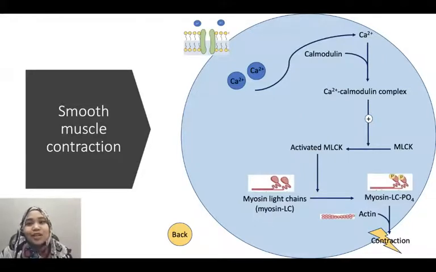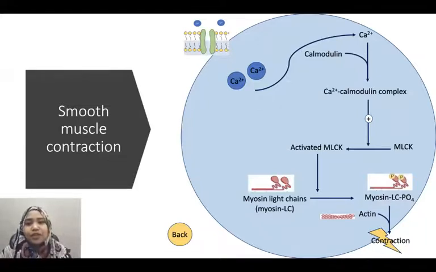So in this case, the enzyme that phosphorylates the light chain is called MLCK, also known as MLC20 kinase. This calcium will bind to calmodulin, which is also a protein, to form the calcium-calmodulin complex, which will then bind to the MLCK to activate it.